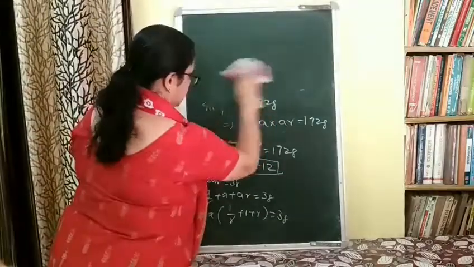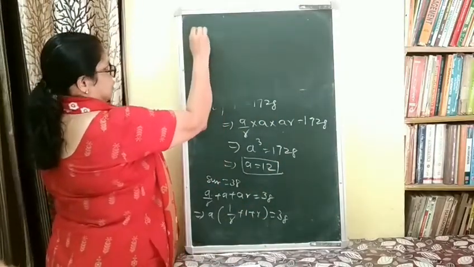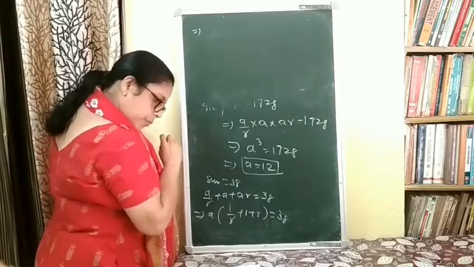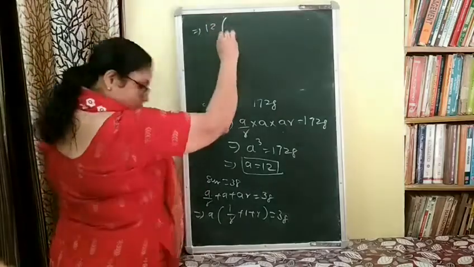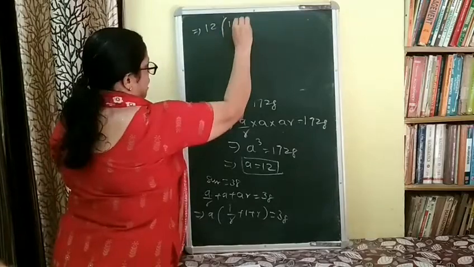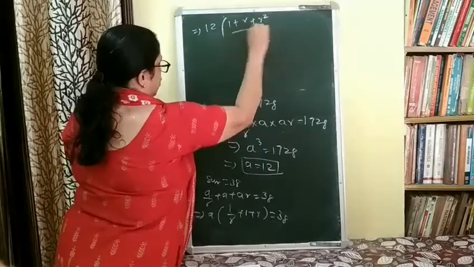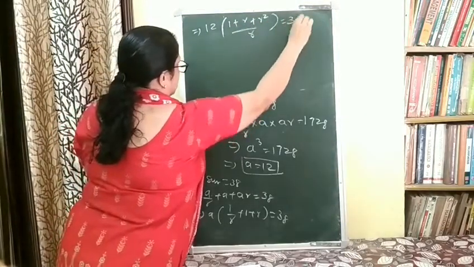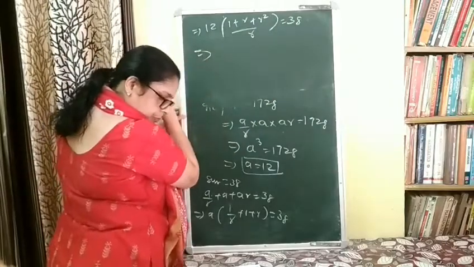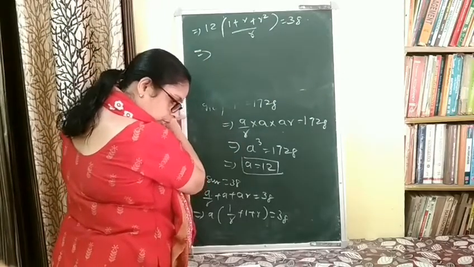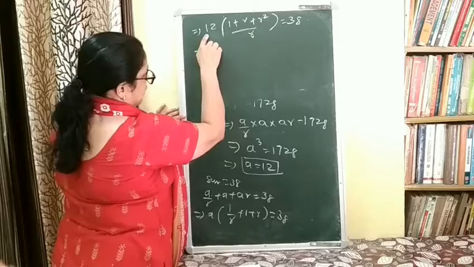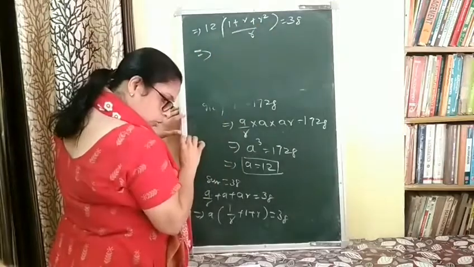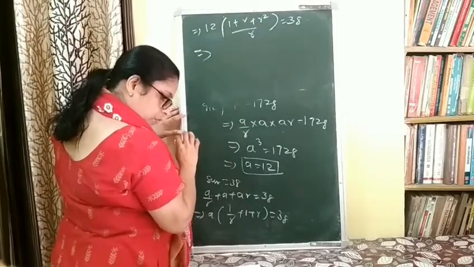Question is little bit lengthy. That implies by taking the LCM you will get A is 12, 1 plus R square whole upon R is equal to 38. That implies, let me check, this will cancel, that you can do your cancellation every part by yourself.